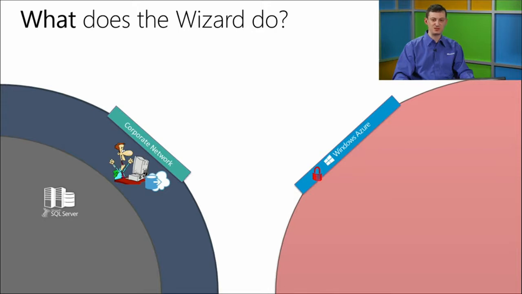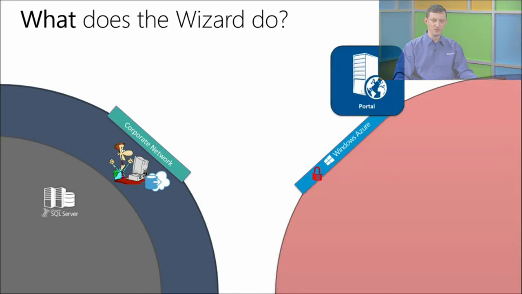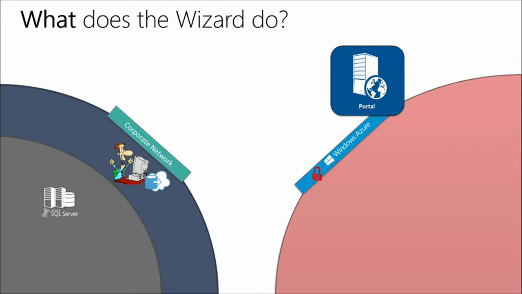That means that this is a certificate that should be installed on your machine, and you also need to install that certificate on Windows Azure as a management certificate. And if you're doing something in an automated manner, there is no way around that. So what we're doing here is using the Windows Azure Portal to generate and retrieve that certificate for you.